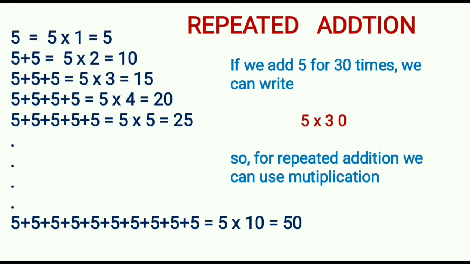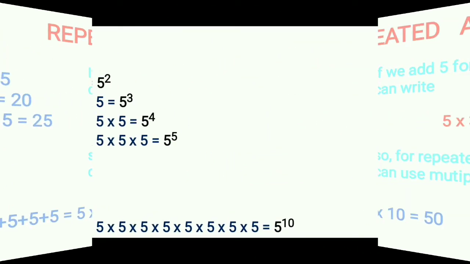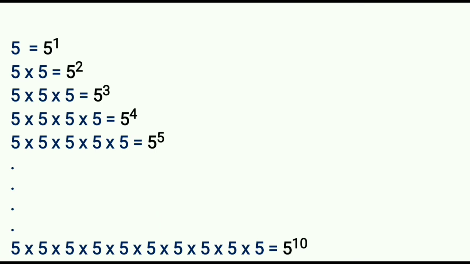What can we do for repeated multiplication? Let's have a look at these numbers. Here 5 means 5 raised to power 1. If we multiply 5 for 2 times, we can write it as 5 raised to power 2. If we multiply 5 for 3 times, we can write it as 5 raised to power 3.